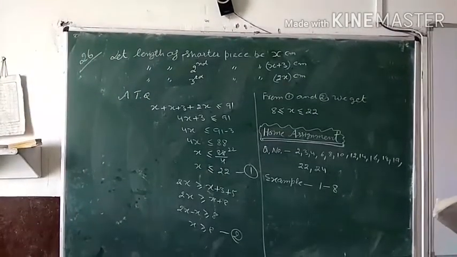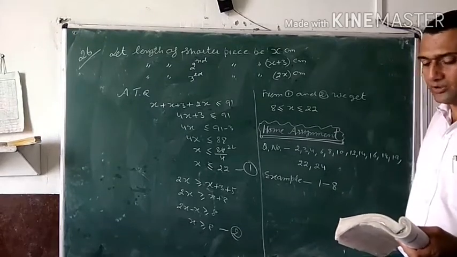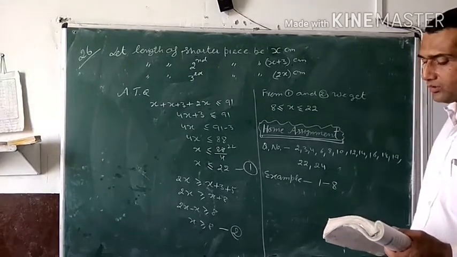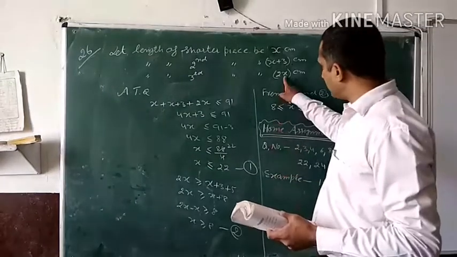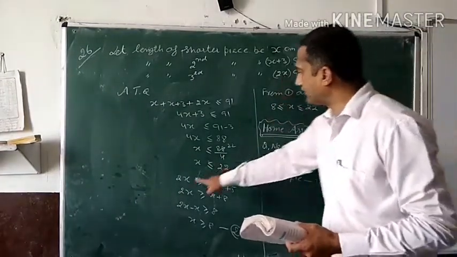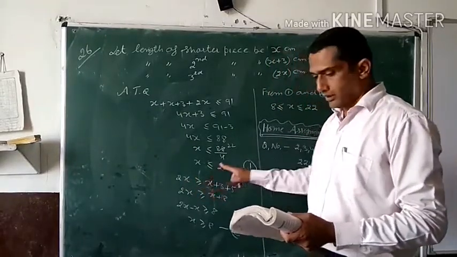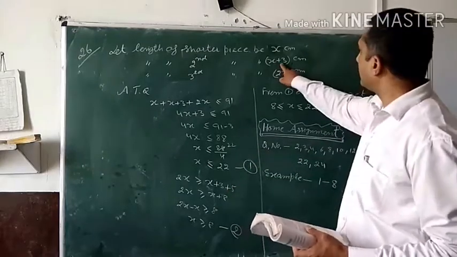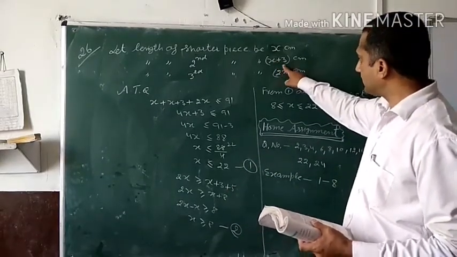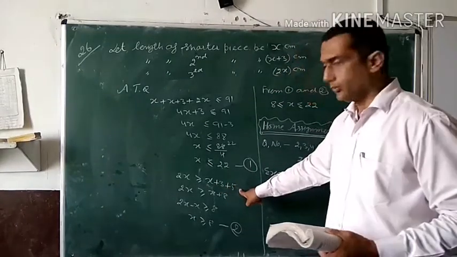Next part is, the third piece is to be at least 5 centimeter longer than the second. The third piece is 2x, which is greater than or equal to 5 centimeter longer than the second. The second is x plus 3, so add 5 more: x plus 3 plus 5.